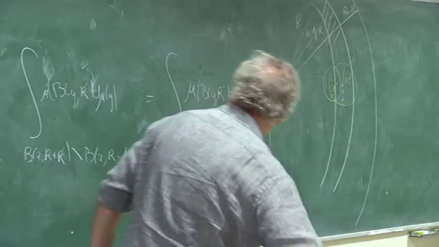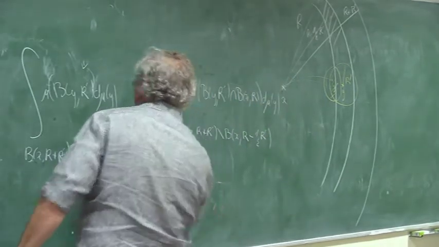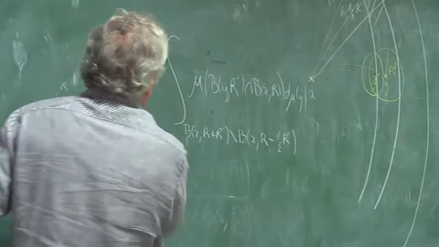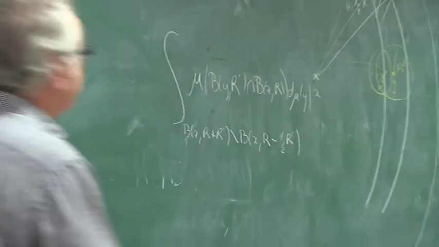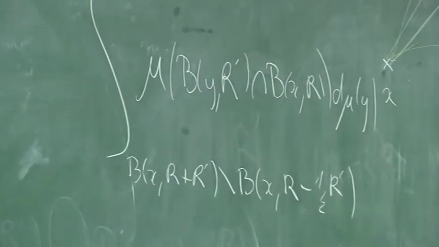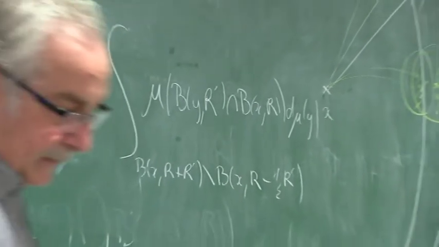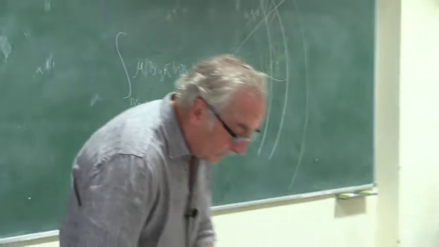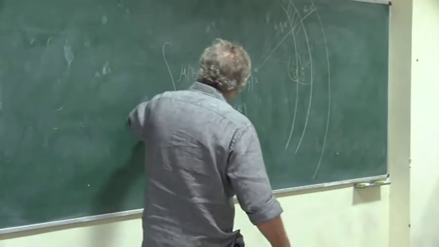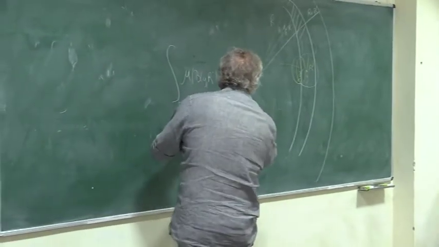So let me erase the previous one. At this stage, I've only done some easy stuff, right? Nothing fancy. Now I'll use what I know. So why did I want to consider this?